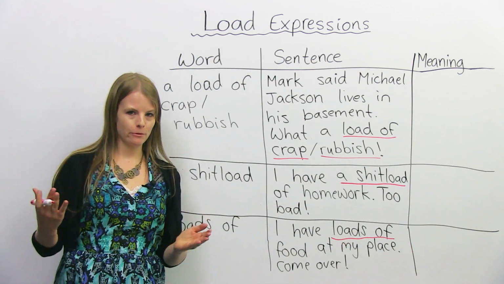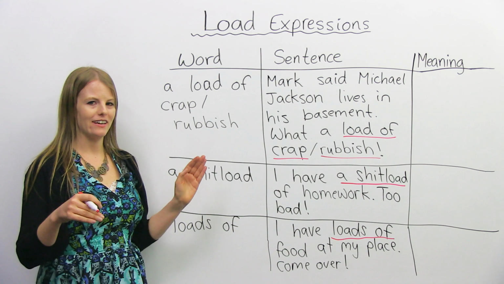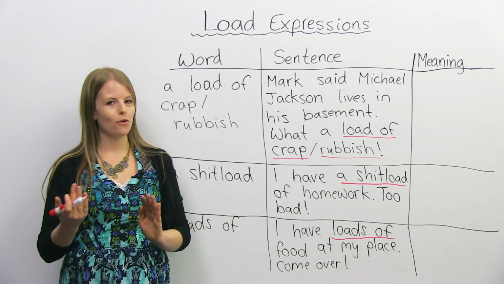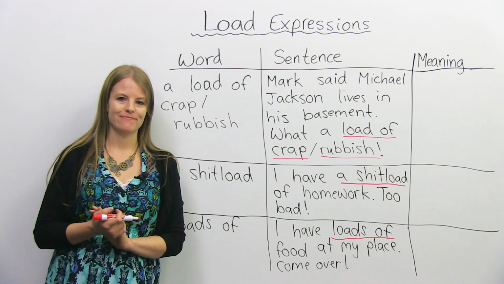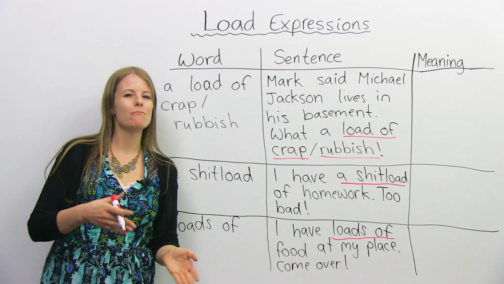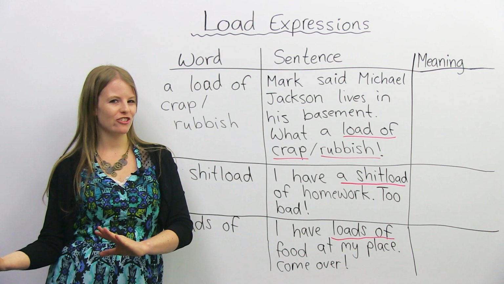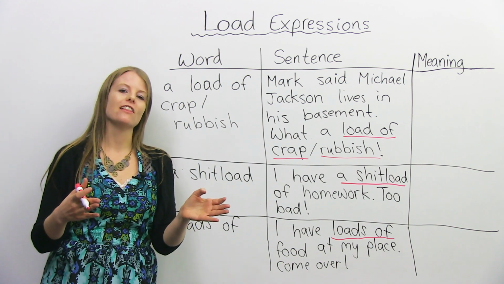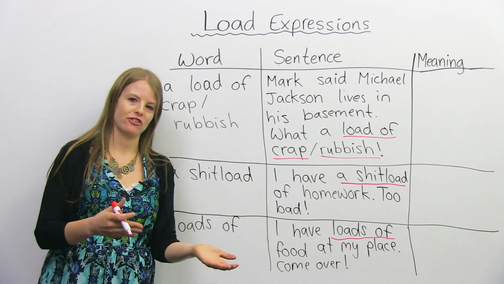Okay, so our next expression, I really like this one actually, is a load of crap or a load of rubbish. One of these is more American English, a load of crap, whereas the other one, a load of rubbish, is more British English.